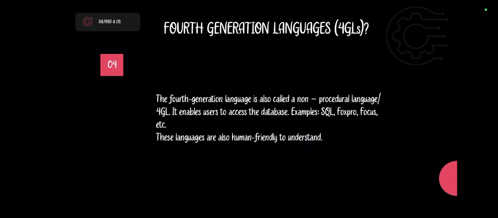The advantage of these 4GLs is that they are easy to understand and learn, less prone to errors, and less time is required for application creation. The disadvantages are that memory consumption is very high and there is poor control over hardware.